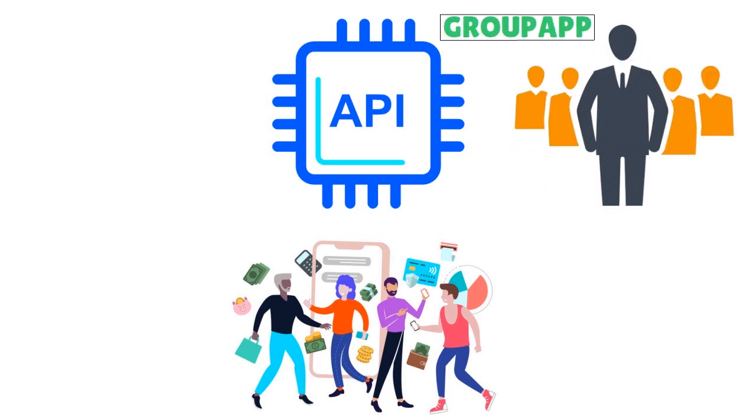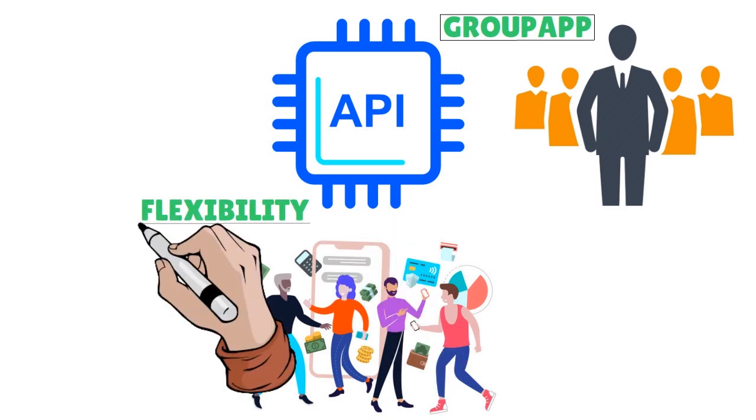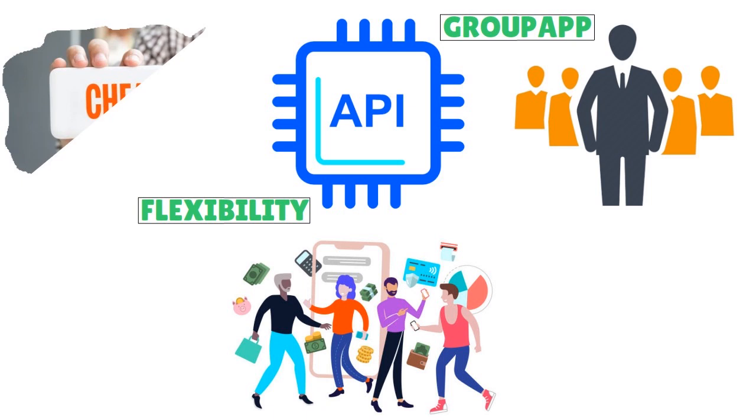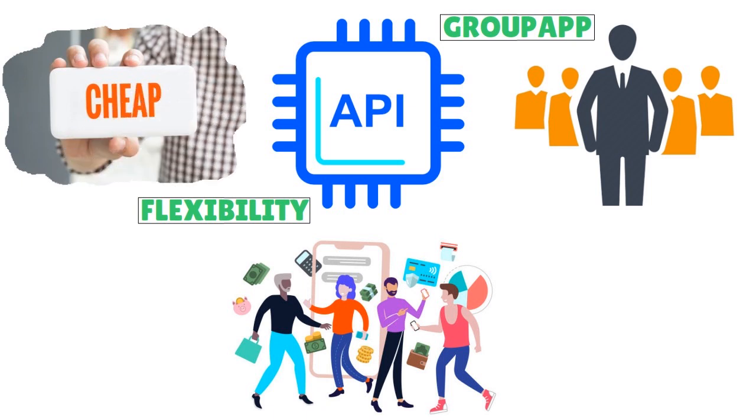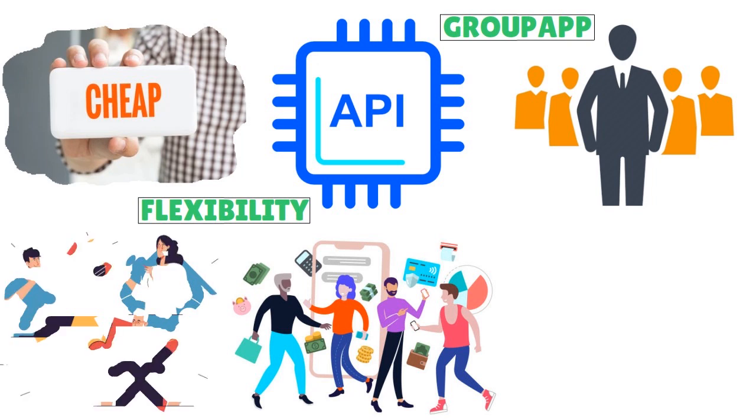When we speak about Group App, for instance, what we love about Group App is that you have flexibility, and Group App is relatively cheaper than Hivebrite. Mighty Pro is also cheaper than Hivebrite, but Mighty Pro doesn't offer the same length and depth of functionality that Hivebrite has. Something to really think about.